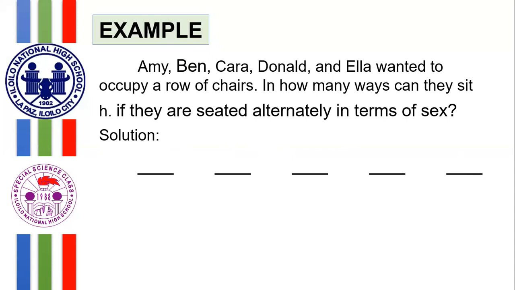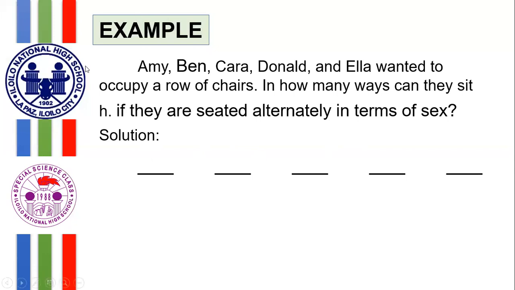So a boy on the first or on the last is impossible. But is it possible to have a girl on the first slot? Let's see. Girl, boy, girl, boy, girl. And that is the only possibility. That is why this is solvable, but only the girls could be on the rightmost or on the leftmost.